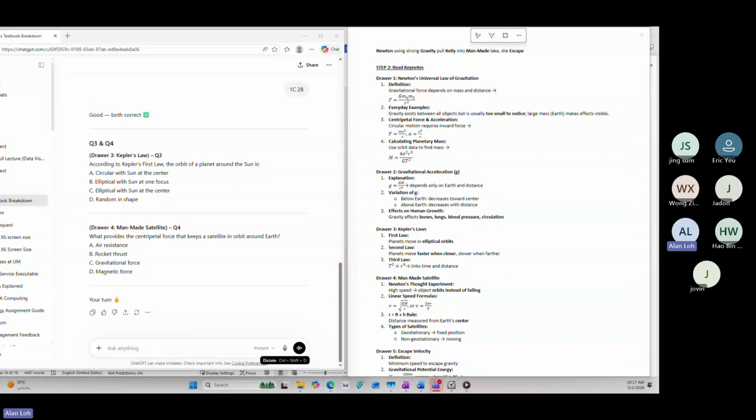Okay, Jovin is back. Jovin, we are at step 10, question 3 and question 4. I think you know the drill. You can type in and tell us what is the answer. Everyone is starting to give their answers. According to Kepler's law, the orbit of a planet around the sun is?